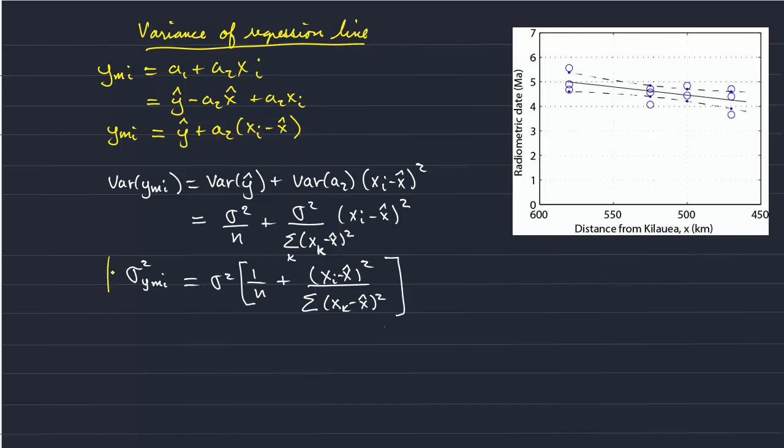And this is the solution I showed before. Actually, I showed you the standard deviation, but you just take the square root of this whole thing to get the standard deviation, of course.